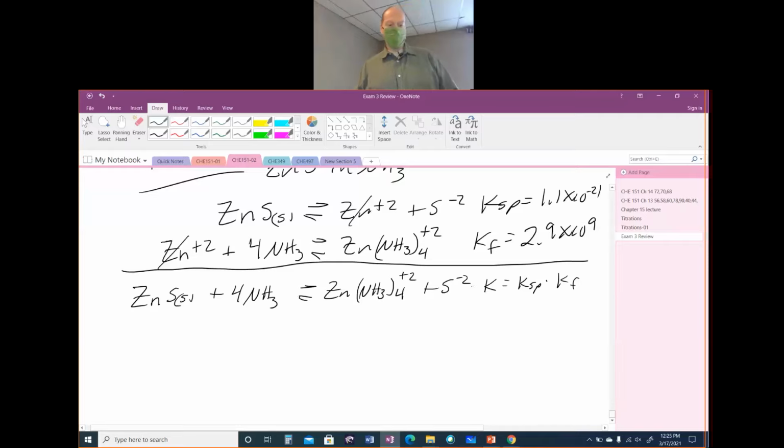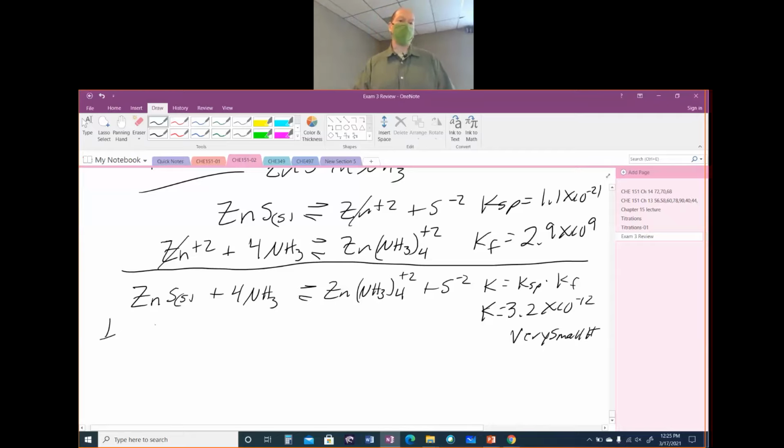And that is 3.2 times 10 to the minus 12. All right, so we see that that is a very small number. All right, so very little is going to go to the right.